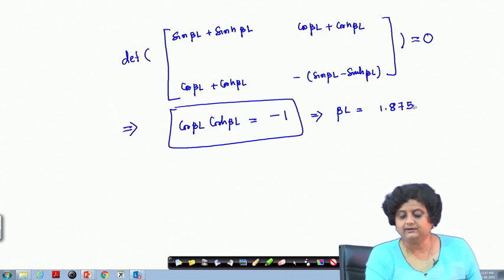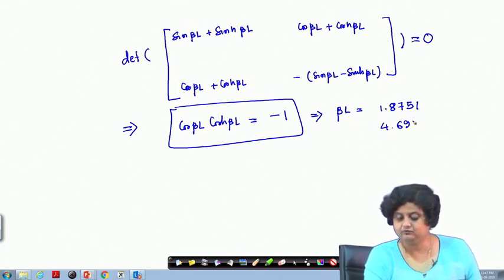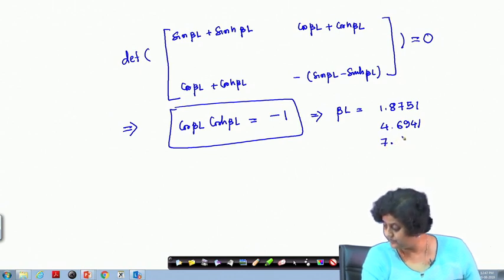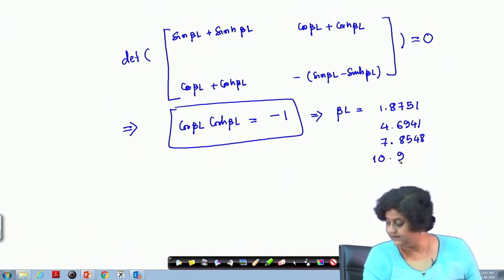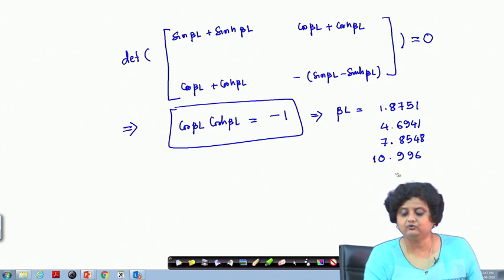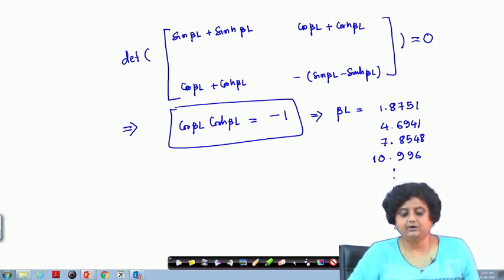I have solved this and got the solutions as 1.8715 and then 4.6941, 7.8548 and then 10.996 and so on. We can find out an infinite number of solutions for beta L.